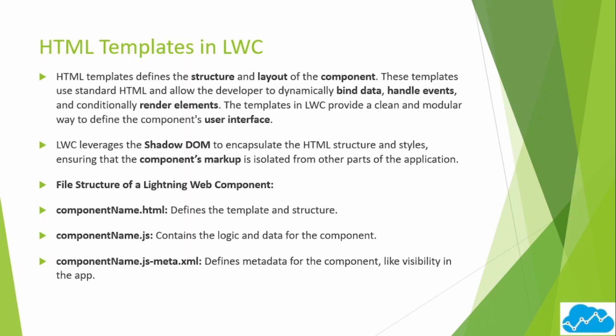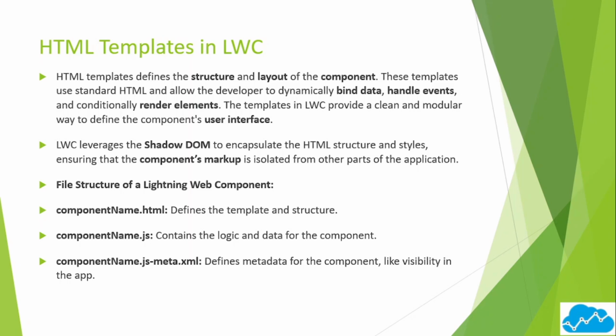Then it creates by the same name a .js file, which contains the logic and data for the component. Next it creates the .js-meta.xml file, which defines the metadata for the component, like visibility in the application.